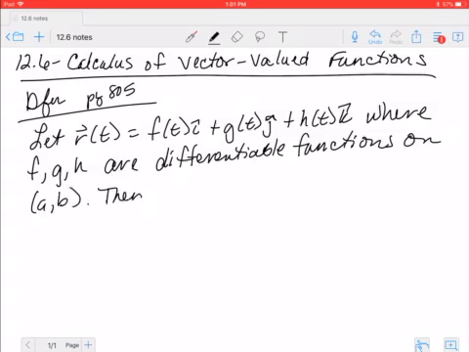Then r, my vector, has a derivative on a to b.